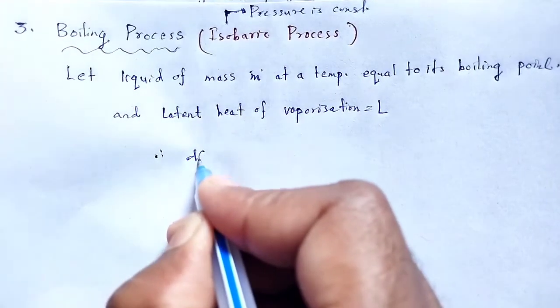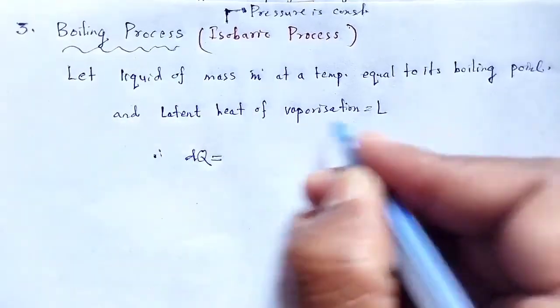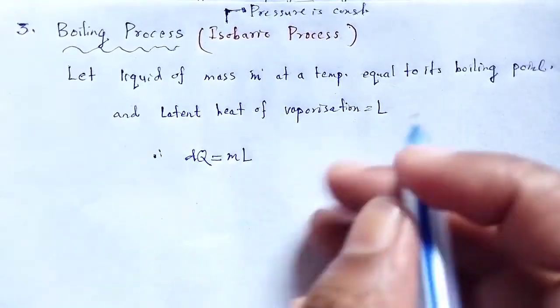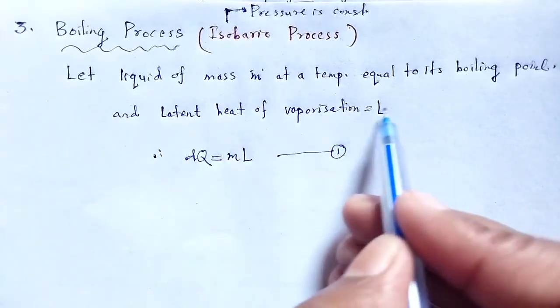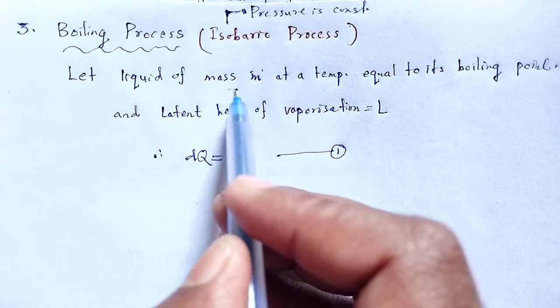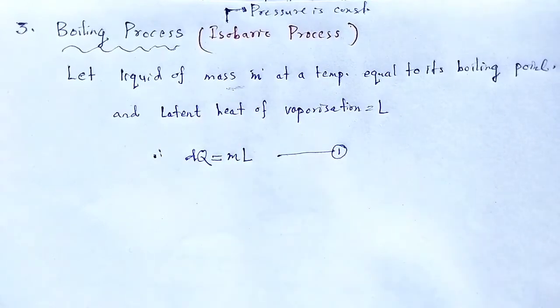So dq will be m into L, equation 1, since the latent heat of vaporization is L and m is the mass of the liquid.